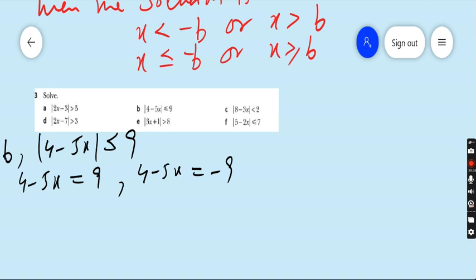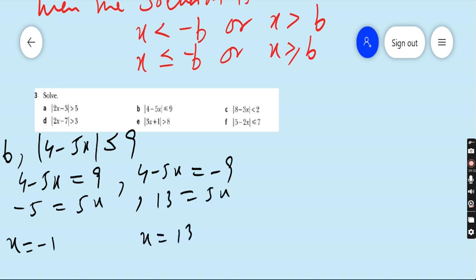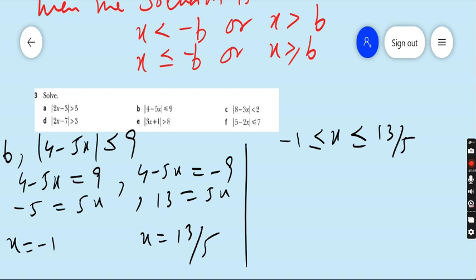So 4 minus 9 is minus 5, which is equal to 5x, and x is equal to minus 1, and 4 plus 9 is 13. 13 is equal to 5x, so x is equal to 13 upon 5. In the question there is a less than or equal to sign, so we apply rule number 1, which I mentioned above. So the answer is x greater than or equal to -1 and less than or equal to 13 upon 5. This is our final answer. Move to part C.